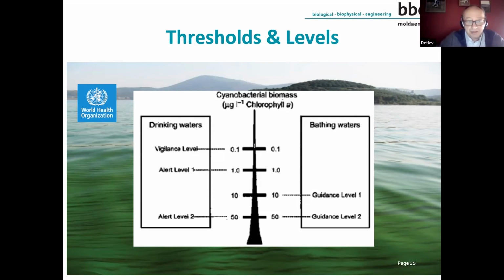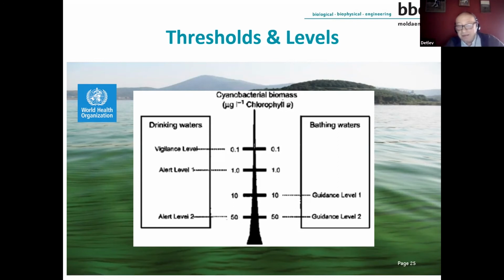The World Health Organization published a paper many years ago where they had these values, expressed in microgram chlorophyll A per liter. And you can see that small amounts here for drinking water give you an alert.